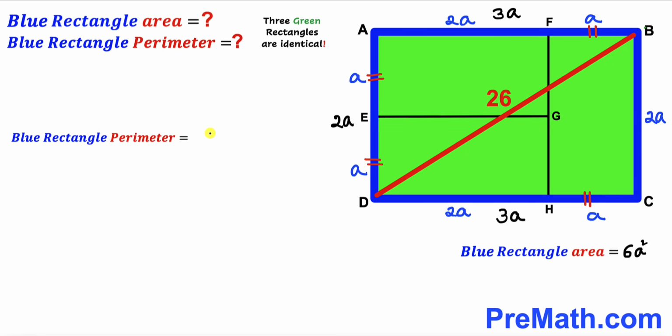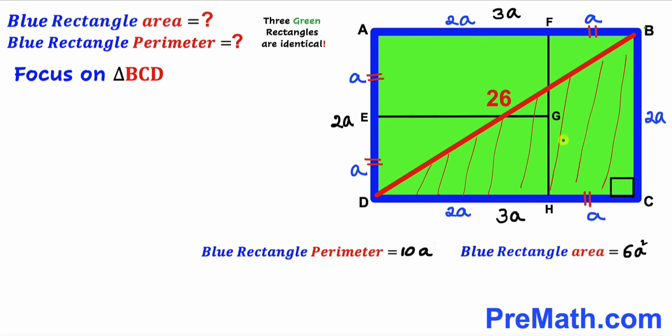So we can write the perimeter is going to be 2 times a plus 3 times a plus 2 times a, and finally plus 3 times a. If we add, we get 10 times a. So thus the perimeter of this blue rectangle turns out to be 10 times lowercase a. And now our task is to solve for lowercase a.